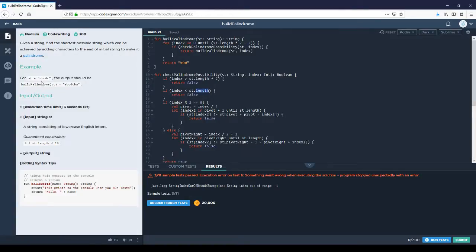a palindrome is only possible at a place where, for even 0, 1, 2, 3, that would be divided by 2 and plus how much? That would be the length divided by 2 and plus 1.